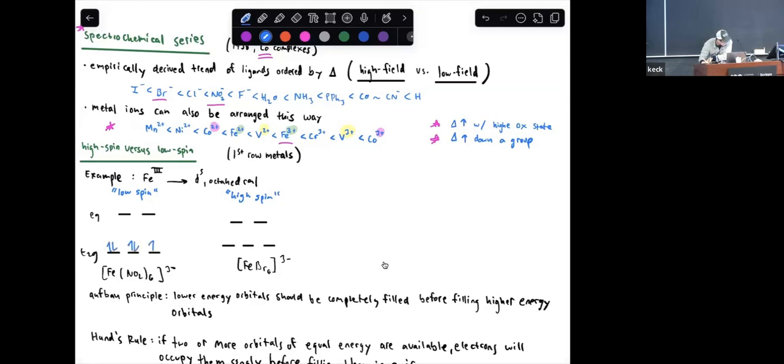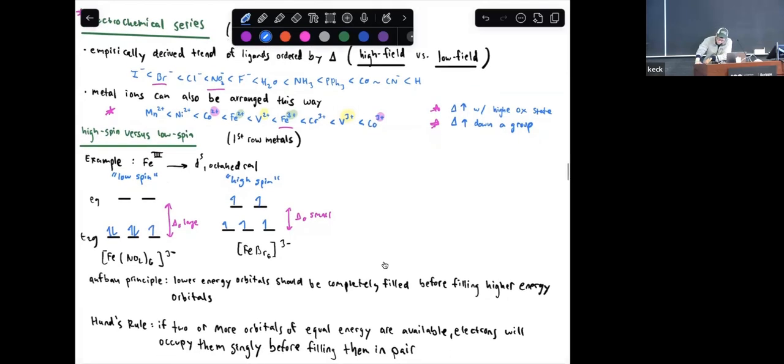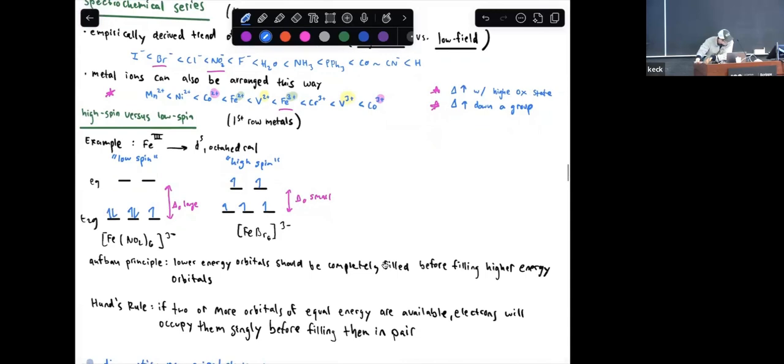All 5 in the t2g orbitals. And then we have the opposite scenario where the splitting energy is small, then when we fill in electrons, Hund's rule is going to be overruled by the Aufbau principle, and we will fill into the eg before we do any backfilling of the t2g.